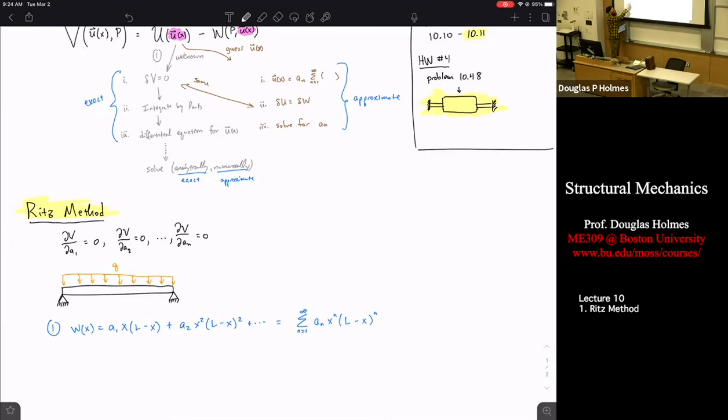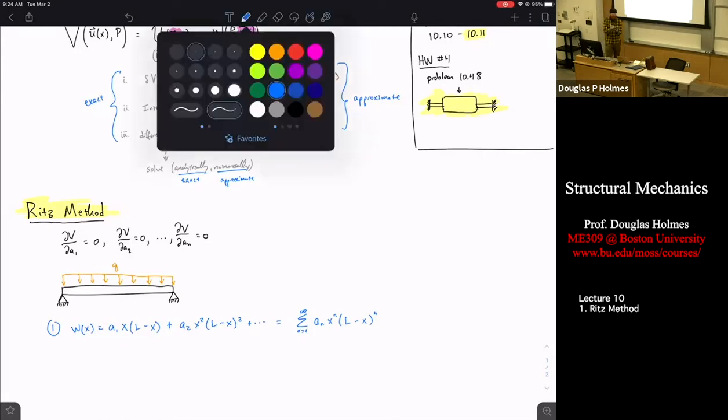It's that the beam cannot deflect at its ends. So if you plug in x equal to 0, you should get a deflection of 0. And if you plug in x equal to L, you should also get a deflection of 0. Pretty clearly. So that's how this was chosen, to satisfy the kinematic constraints.